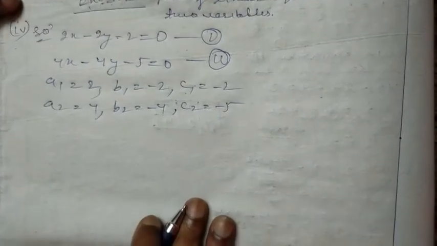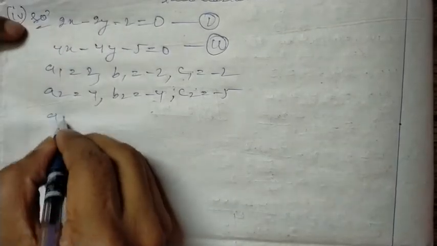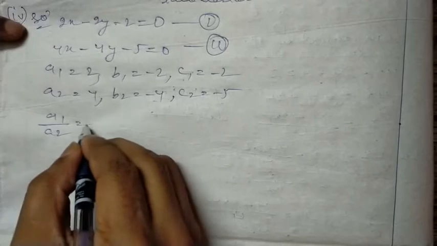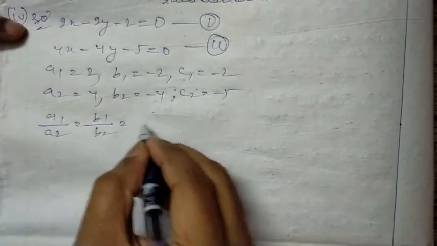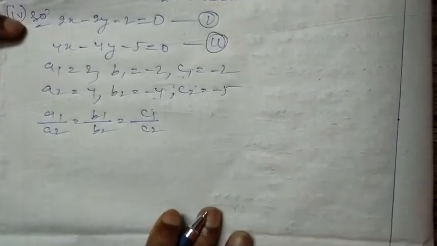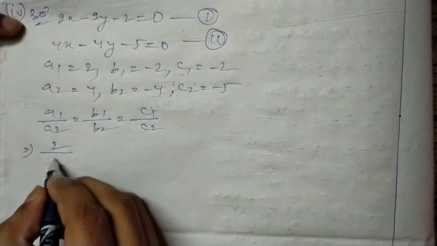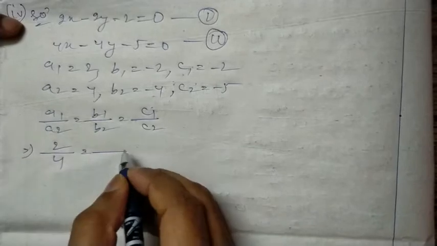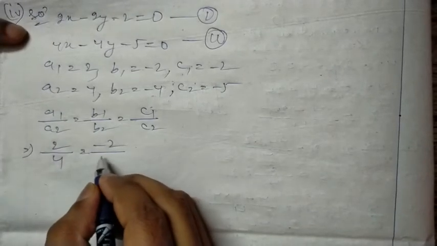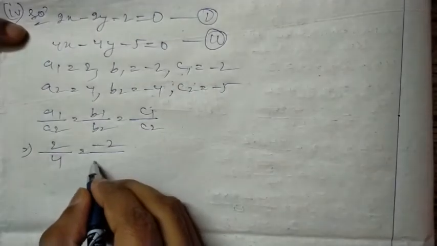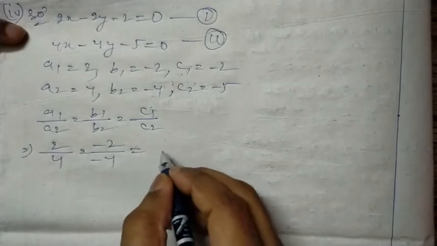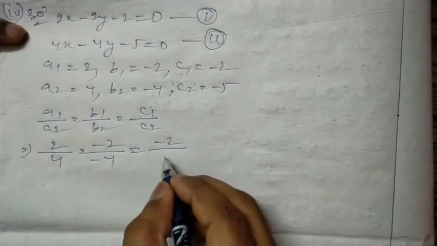Here we compare a1 by a2, b1 by b2, c1 by c2. So what is a1? a1 is 2, a2 is 4, b1 is minus 2, b2 is minus 4, c1 is minus 2 and c2 is minus 5.